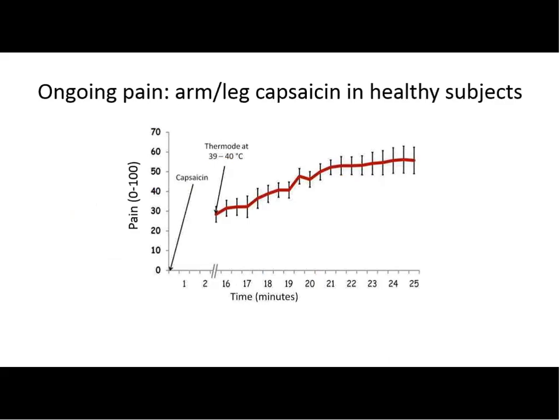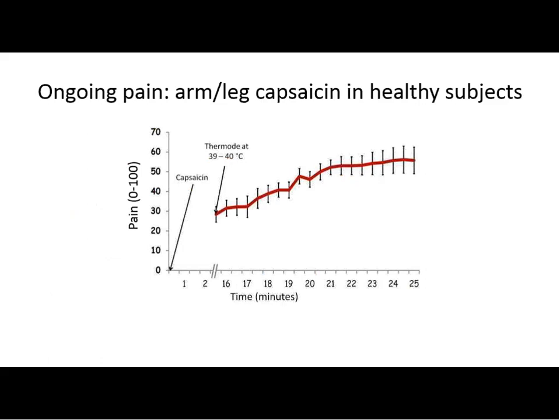We can also apply capsaicin to anywhere on the body, routinely on legs. We use a 10% capsaicin cream, apply it and let it incubate for 15 minutes. This is a model worked up by Johns Hopkins in the 90s.